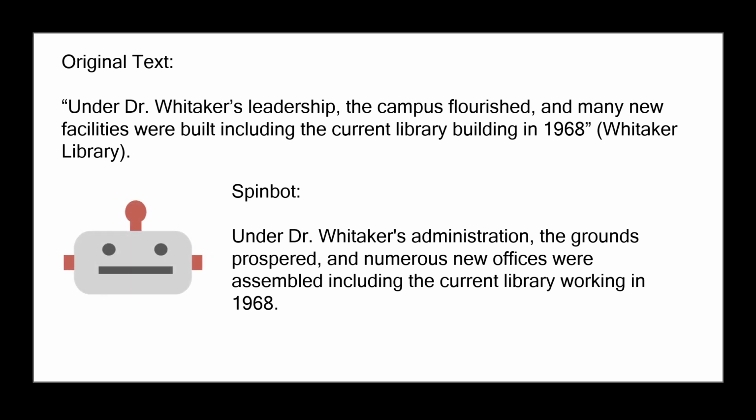You use a spinbot to change words, but don't change the passage enough to make it your own. When reading the spinbot translation of this sentence, it still sounds like the original text. Even more importantly, you did not give credit for the original author's ideas.